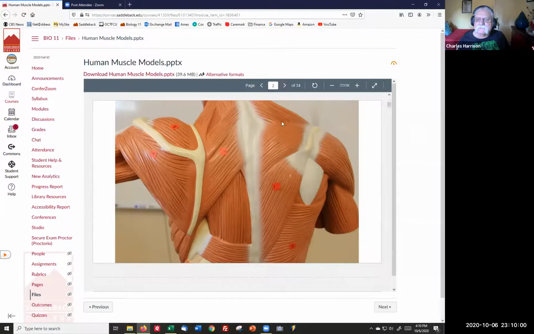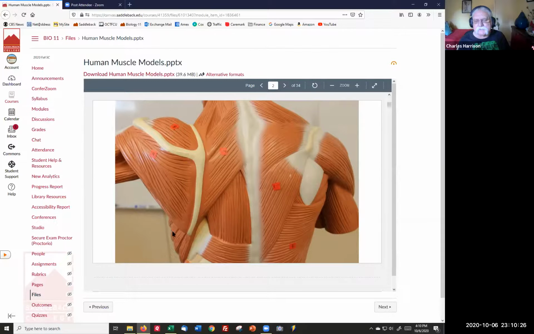This muscle, trapezius, the whole thing. Off to the side here, the latissimus dorsi. Its insertion fools a lot of people. It's on the humerus, latissimus dorsi. This set here is not labeled.